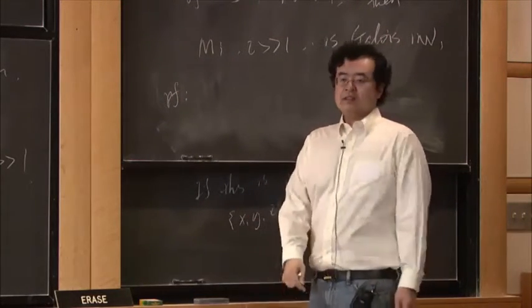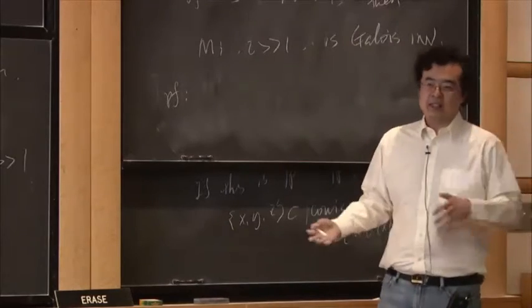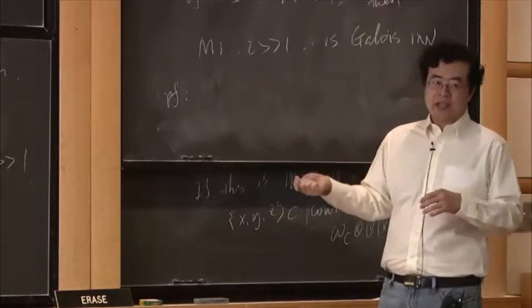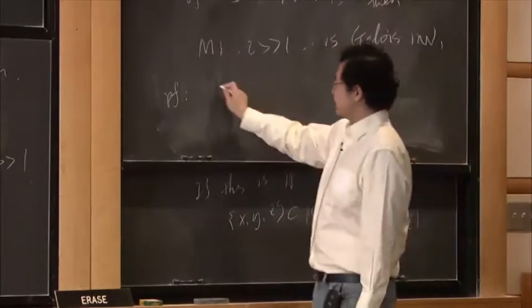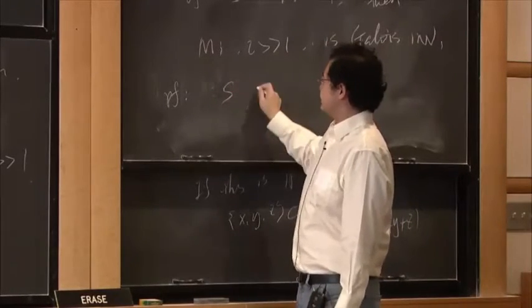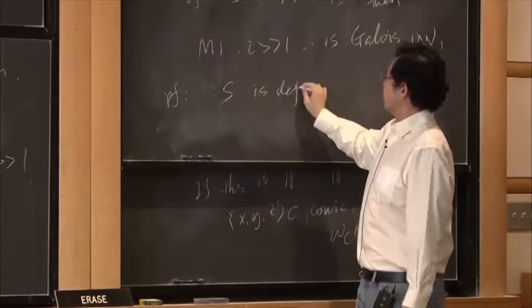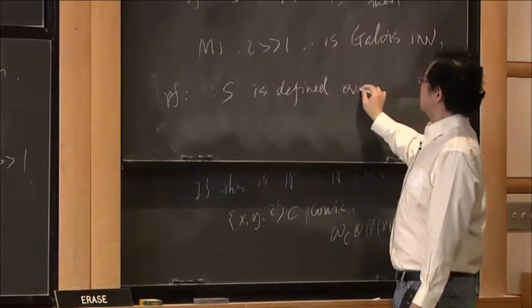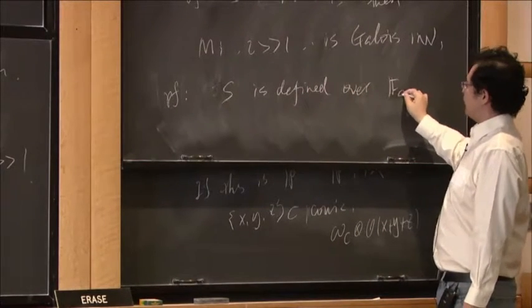Well, if you know that there is a nice section where you base change to FQ bar, you know that there is a nice section. This S is defined over, say, FQ to the N, some finite field extension.